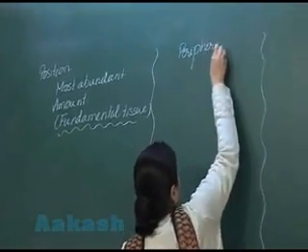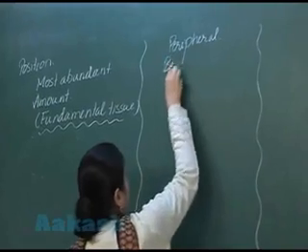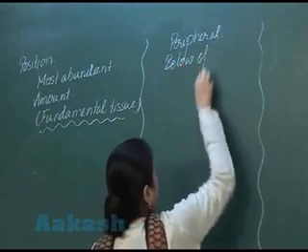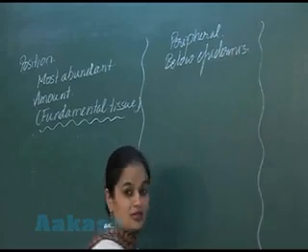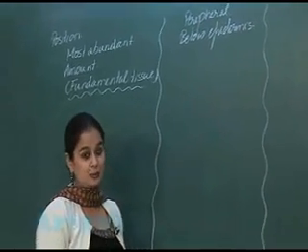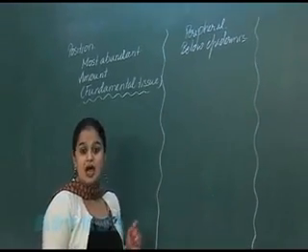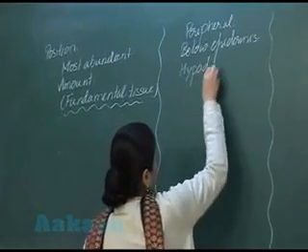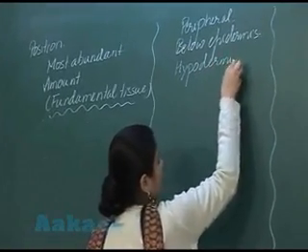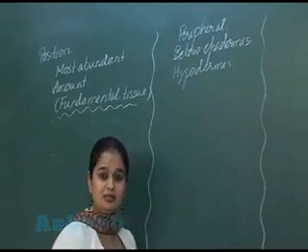Collenchyma has a peripheral position, just below the epidermis. The layer present below the epidermis is the hypodermis. Hypodermis is collenchymatous in nature.